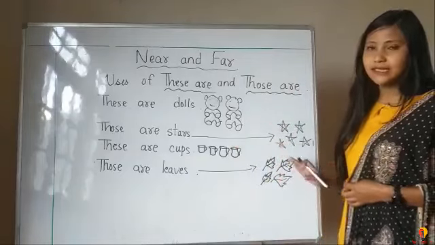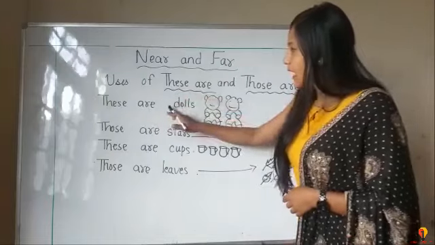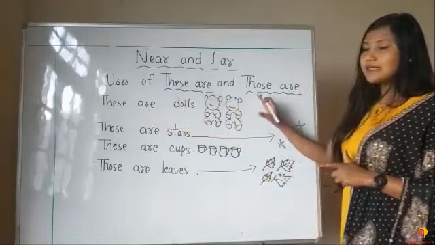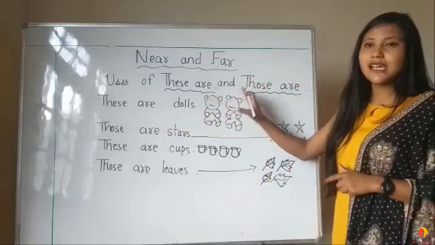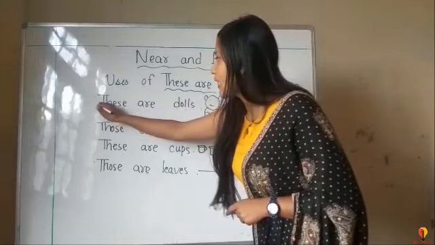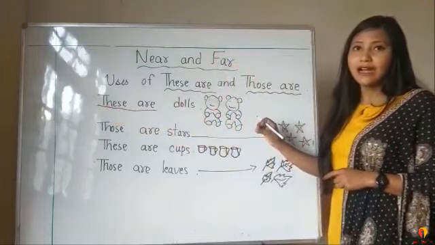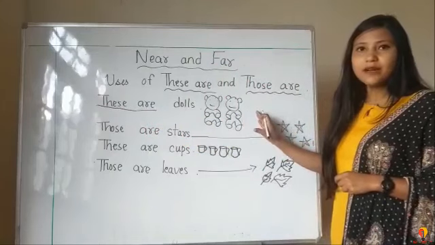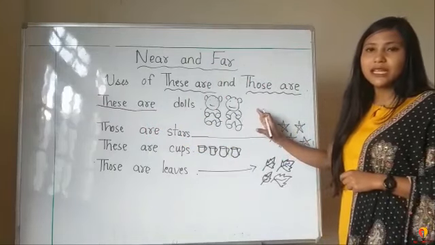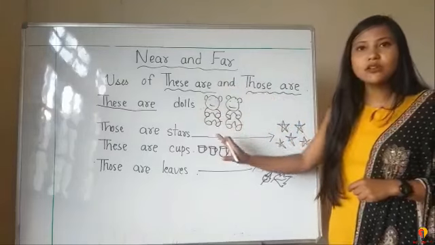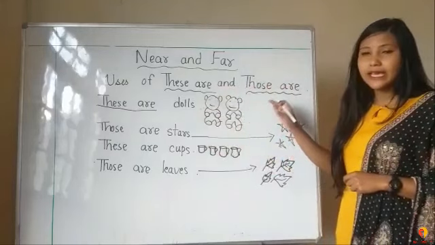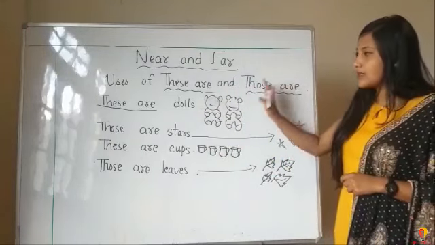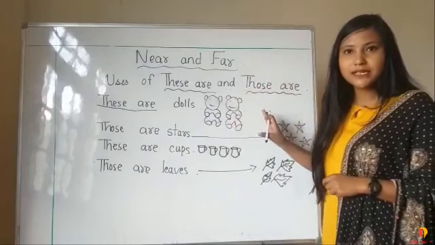So let us see them. These are dolls. As you can see, the picture of dolls is near. So we are writing here these are, because the number of dolls is more than 1. यहाँ पे 2 डॉल्स हैं, तो एक से ज़्यादा है. अगर सिर्फ एक होता तो हम क्या यूज़ करते?